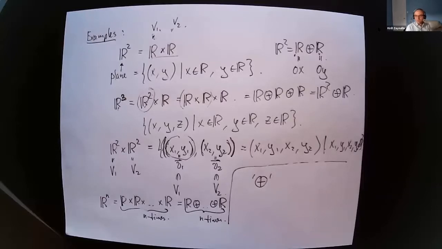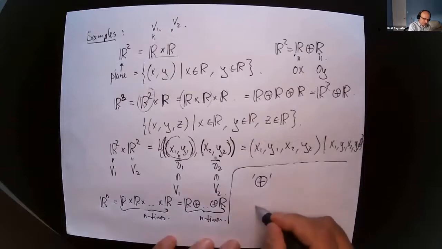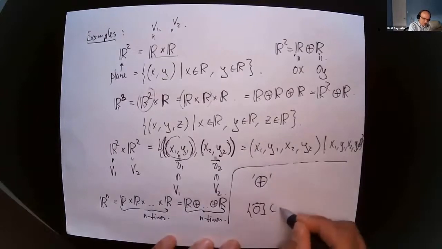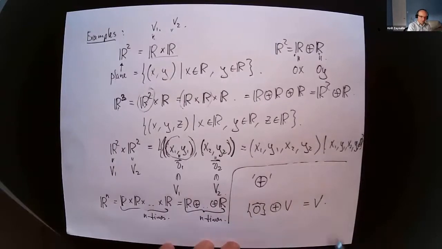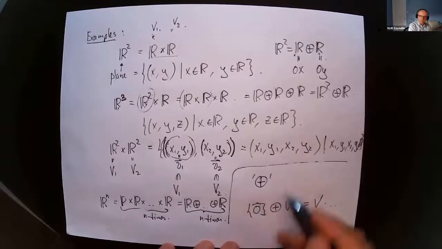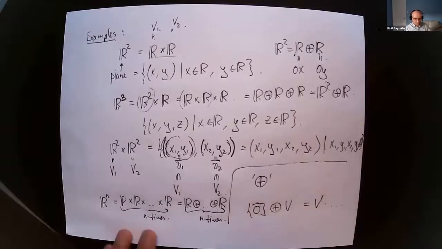You can clearly check that this abstract sum of vector spaces satisfies the standard properties of addition, namely it's commutative, it's associative, and it also has the additive identity. Because if I take the zero space and add it to anything, I get this V. So that's a nice operation between vector spaces.